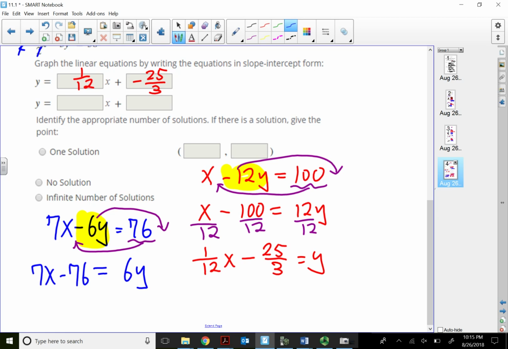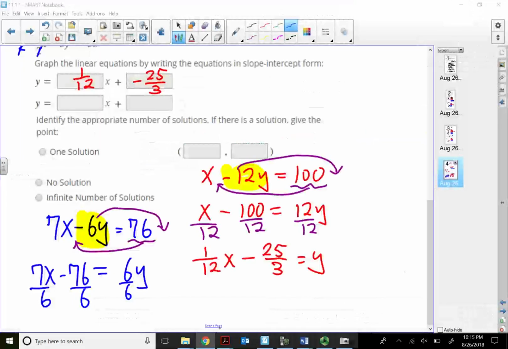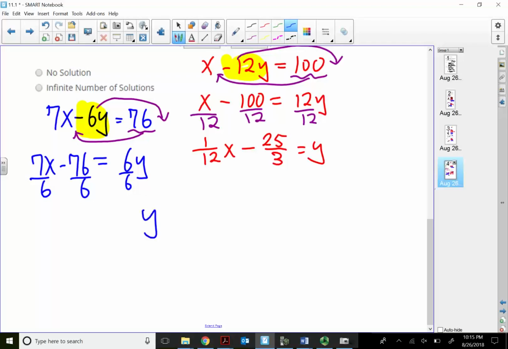All right, divide every term by 6. Ooh, this one's nasty. Let me make sure everything is right. So y is equal to 7 over 6 x minus 76 over 6.